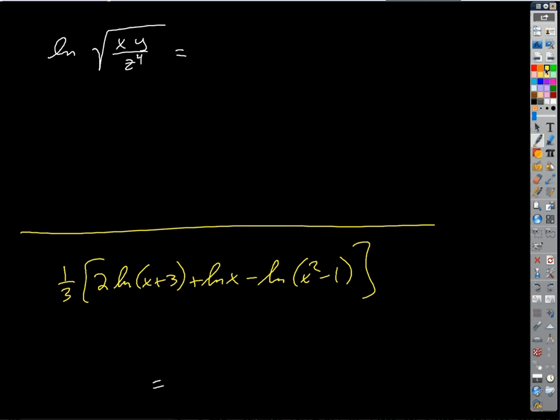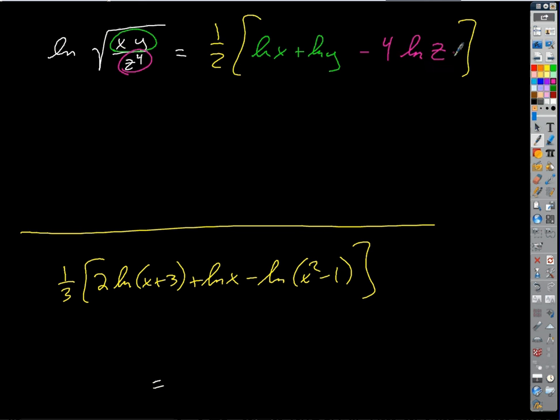What's going to be the first part of this? 1/2, good, we have a 1/2 power to it. So we're going to get a 1/2 times a bunch of stuff. What's the stuff? ln x, so log x plus log y minus 4 ln. There you go. Yeah, you guys got this.